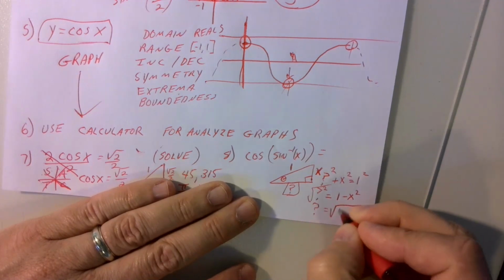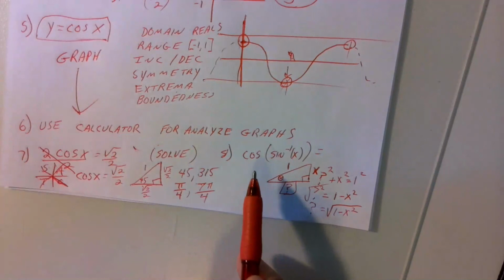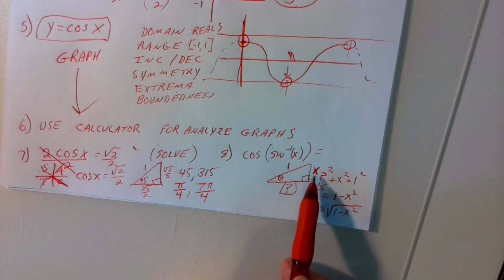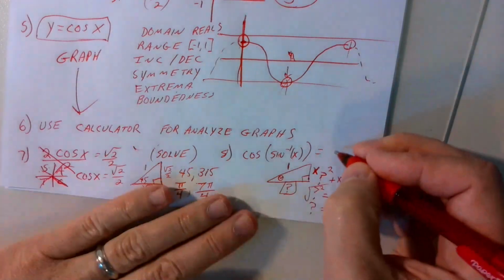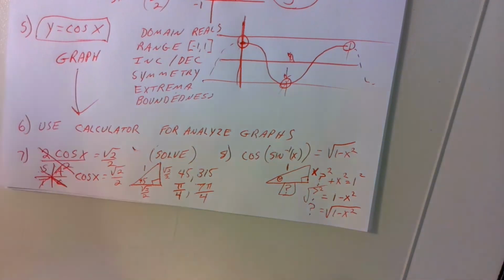So that's the square root of 1 minus x squared. So if I have a problem like this, and I got an x in there, instead of an actual number, then I just draw up the triangle with that in that location, and then solve for the other one, going through that stuff. So what does this equal? This equals the square root of 1 minus x squared.